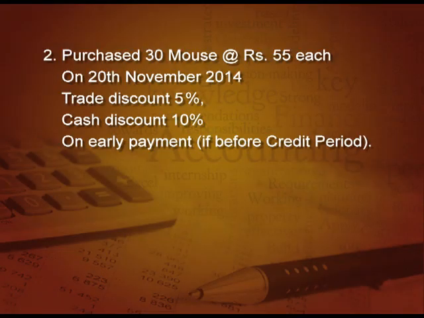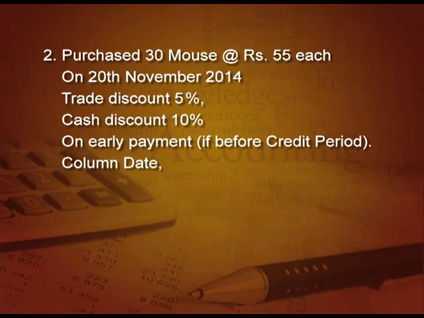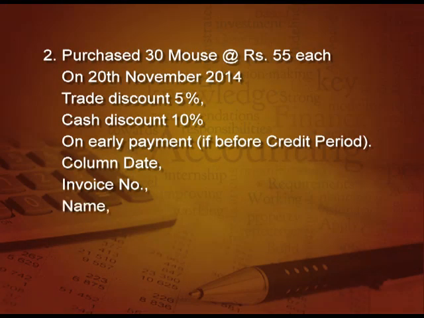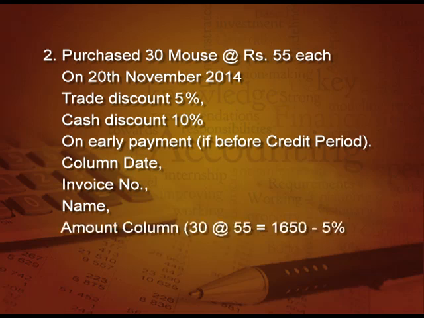Now, how will we record all these things in various columns? First, date, we will write 20th November 2014. Then invoice number, whatever is given, and then the name of the supplier, Paras Limited. In the amount column, we will write 30 into 55, that is 1650, but please remember, we have to deduct 5% trade discount, which makes it 1,567.50.